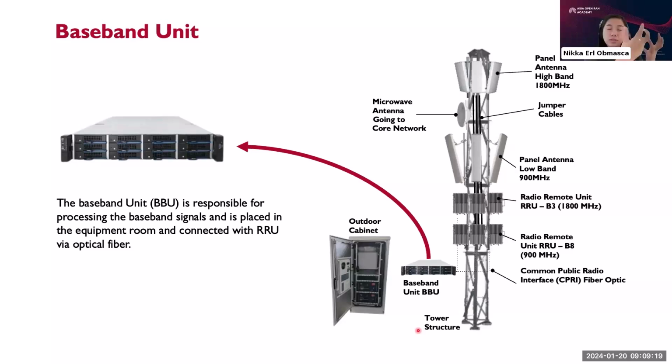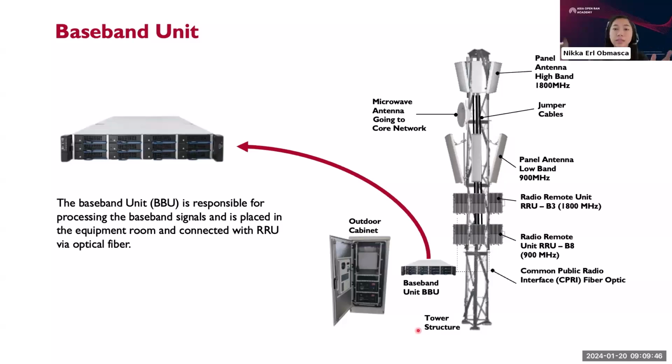It is responsible again for processing the digital signals received from the RRU and converting them into analog signals that can be transmitted over the airwaves, and for receiving the analog signals from mobile devices and converting them back into the digital signals that can be processed by the RAN.